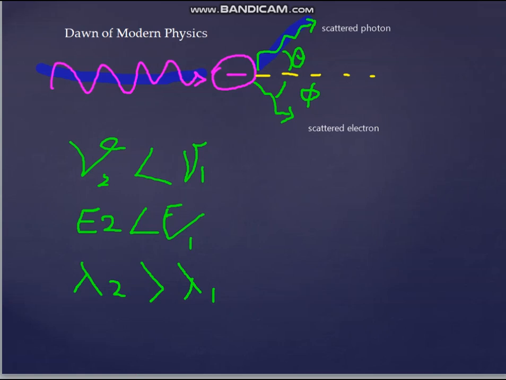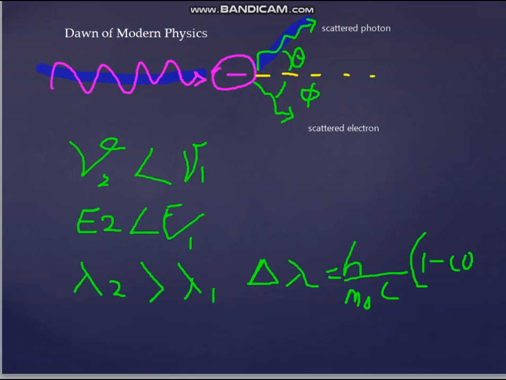So how do we calculate the change in wavelength? Delta lambda will be equal to h over m naught c multiplied by 1 minus cos theta, where theta is the angle of the scattered photon.